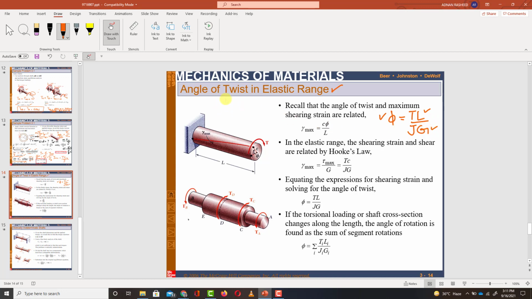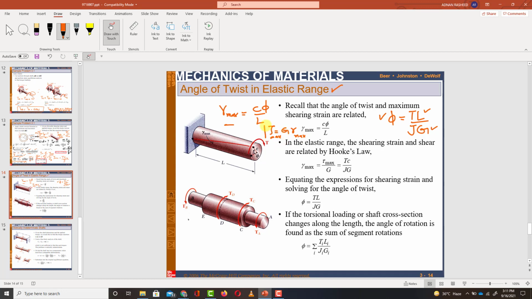Clear? So from our previous lecture, we discussed that gamma max, the maximum shear strain, is equal to C over L into phi. Clear? So we have this formula, and also you know that tau is equal to G into gamma. So tau max will be equal to G into gamma max.